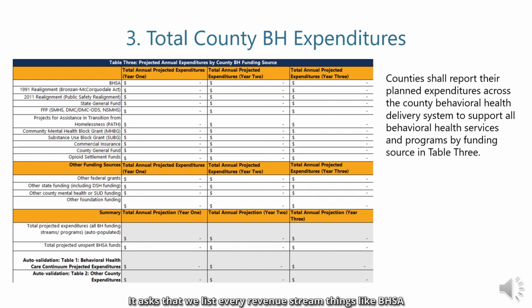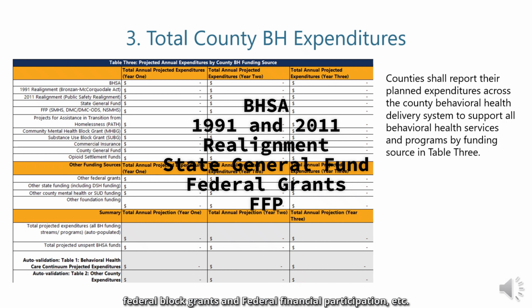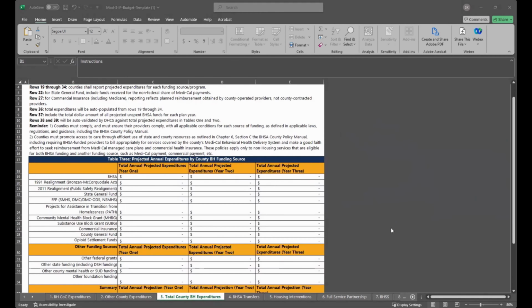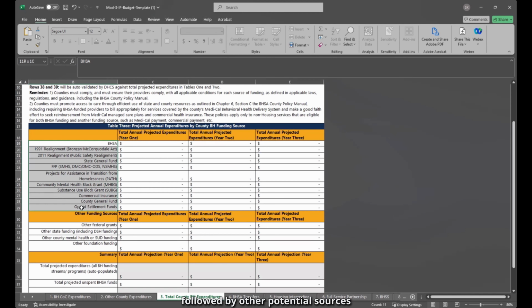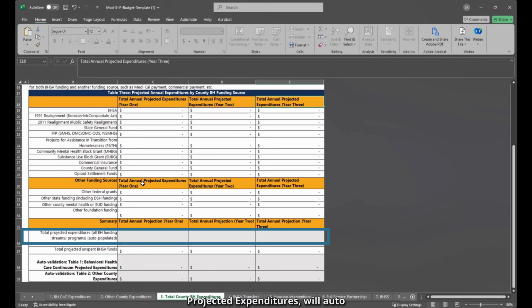It asks that we list every revenue stream, things like BHSA funding, 1991 and 2011 realignment, the state general fund, federal block grants, and federal financial participation, etc. The first column breaks out all of the main funding sources, followed by other potential sources that counties may utilize. Consistent with the previous sheet, reportings must be made for each of the 3 years within the integrated plan. The bottom row here, titled Total Projected Expenditures, will auto-populate the totals from above.